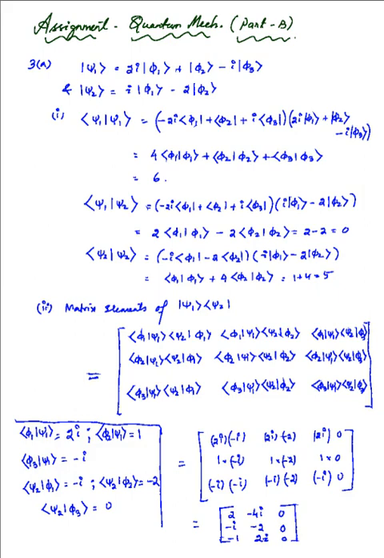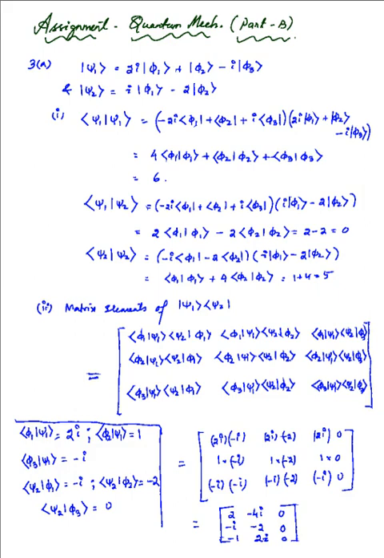Similar to that, the inner product of i with i, j with j, k with k is the same thing, more or less. These are orthonormal eigenkets and an orthonormal basis.